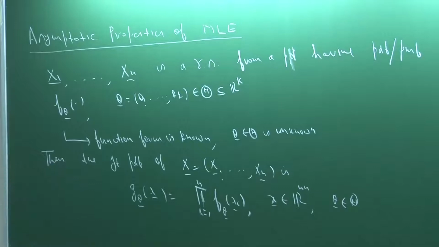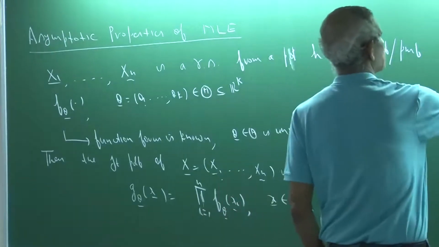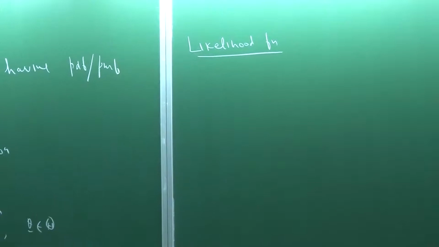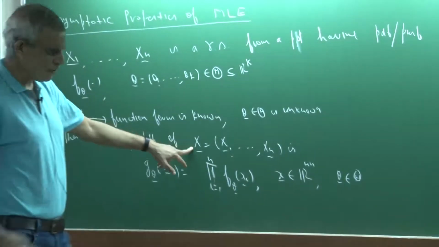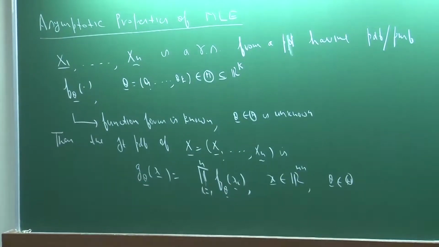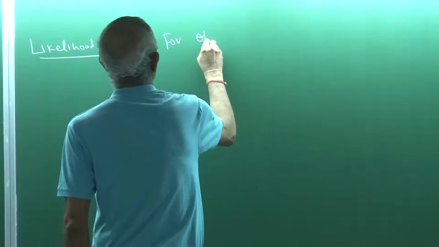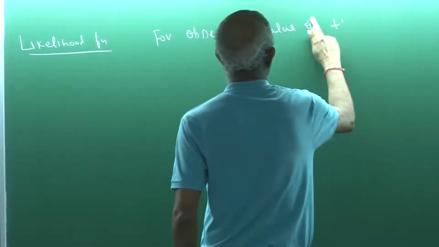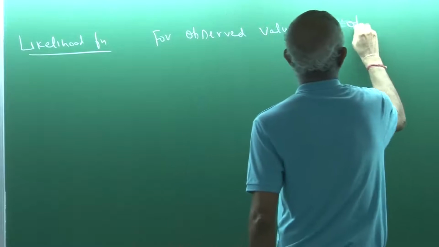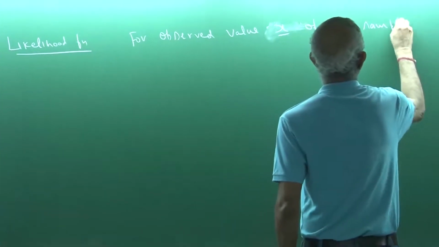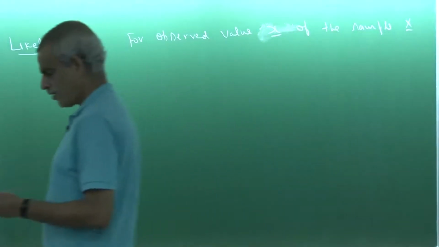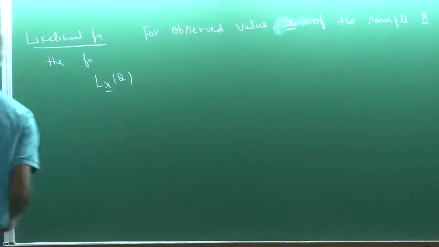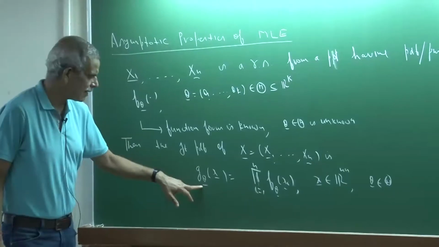So the first thing we do is define the likelihood function. Now consider the observed sample value, small x, of the sample X. The function which we define, with x fixed, since x is the observed value of the sample, is considered as a function of theta.